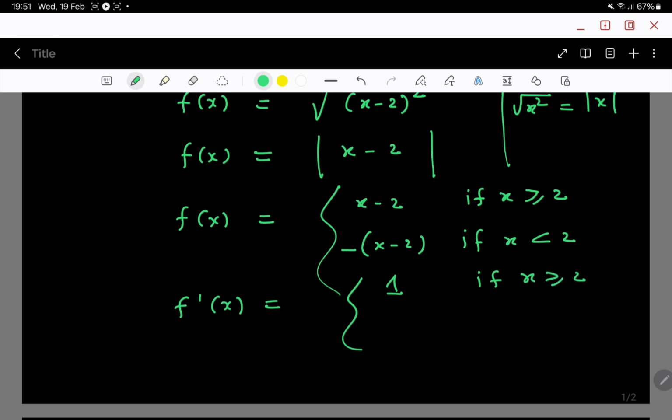Now differentiate this minus of x minus 2, it will become minus of 1 minus 0, that is minus 1, if x is less than 2. Okay, this is the derivative of under root of x square minus 4x plus 4. So, in under root, the function is a perfect square, we change into modulus and then differentiate. That is very important to note.